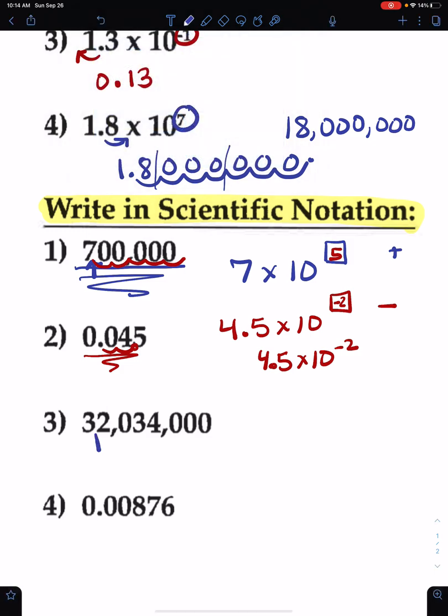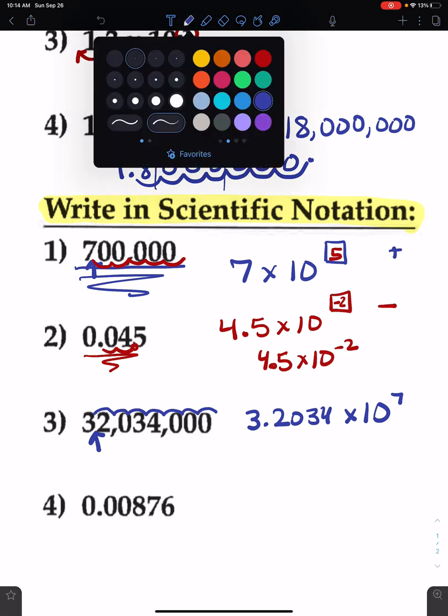So this one, I would put my decimal right here to make it a number between 1 and 10. So 3.2034. You don't have to write those 3 zeros after. Once you have all zeros left at the end, you can drop them. And I know this is a big number, greater than 1, and I'd have to move the decimal 1, 2, 3, 4, 5, 6, 7 places to get it back to standard form.